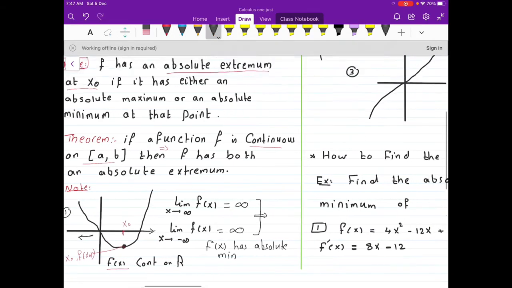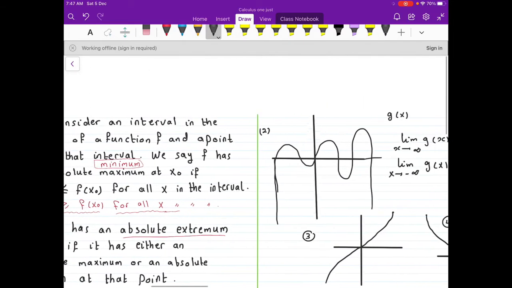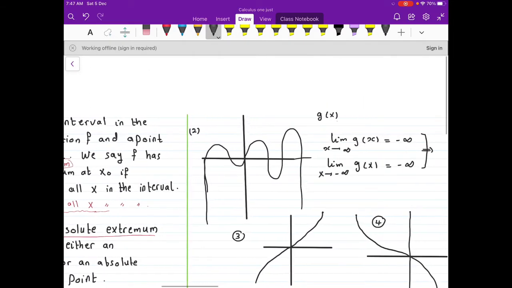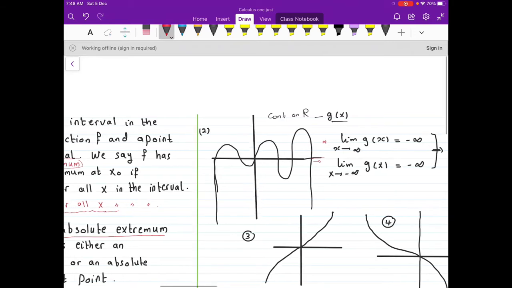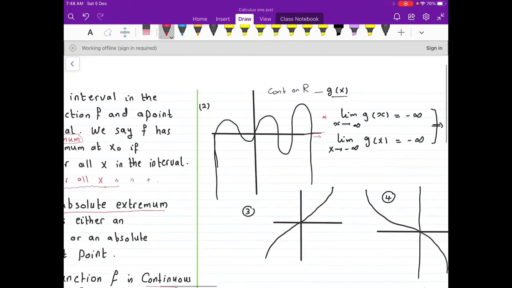If we take our function g of x, it is obvious that g of x is continuous on R. Now, find the limit of g of x as x approaches infinity. As x approaches infinity, the graph approaches minus infinity. And the limit of g of x as x approaches minus infinity, the graph also approaches minus infinity.